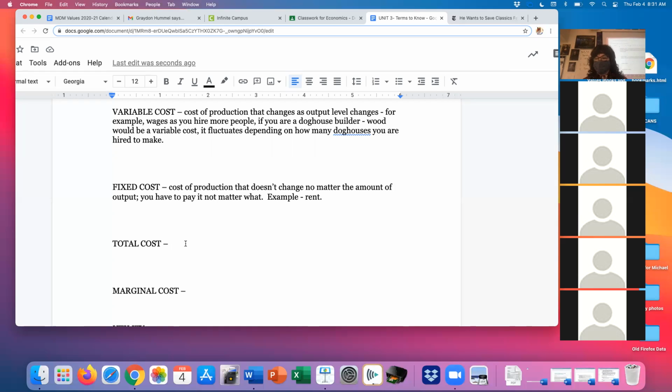That's just an equation here. So if I'm a company, a firm, and I'm saying my total costs for this month are my variable costs and my fixed costs, that's just an equation. So we're going to say variable costs plus fixed costs equal total cost.